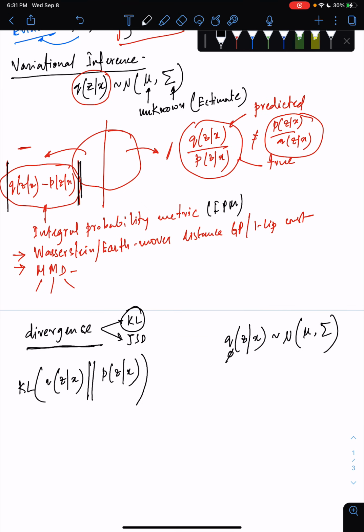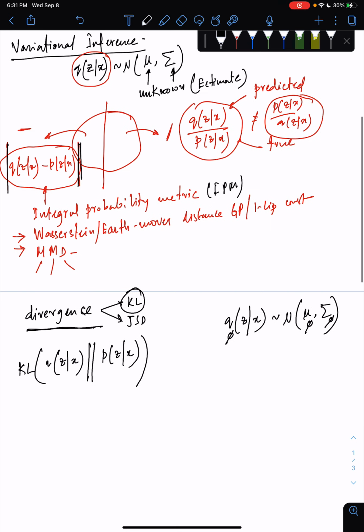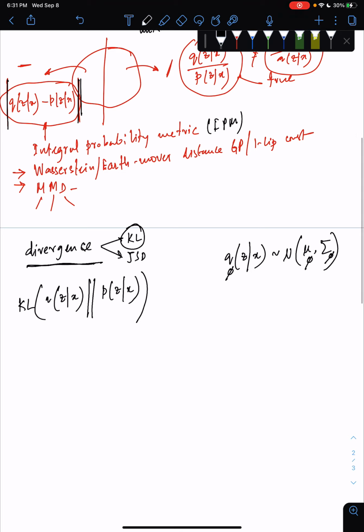So I can specify this phi, and this phi is the set of parameters that we want to learn. This mu and this sigma are also parameterized by phi. How phi comes into the picture when we train, we'll discuss all those things.